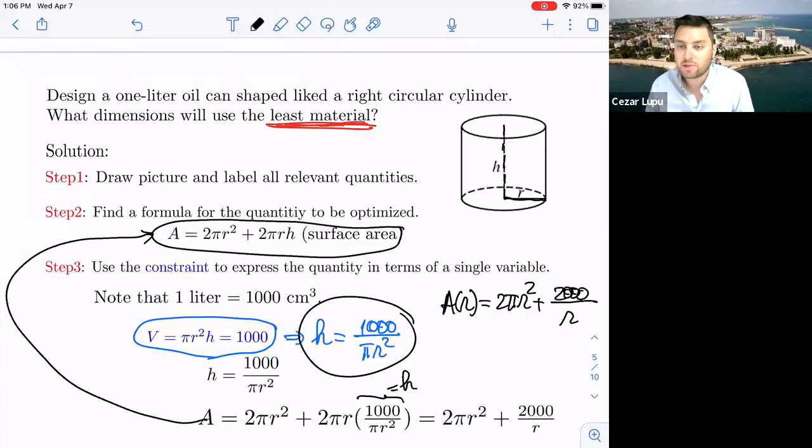And now here comes the question. My question to you: what is the domain of this function A? Do you see any constraints on the domain? So what do you think? How is this function defined?